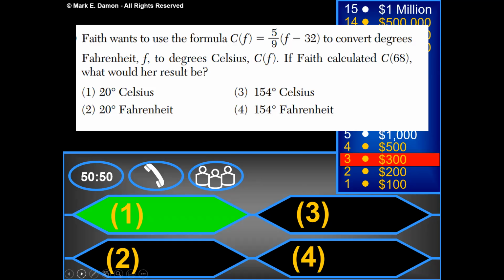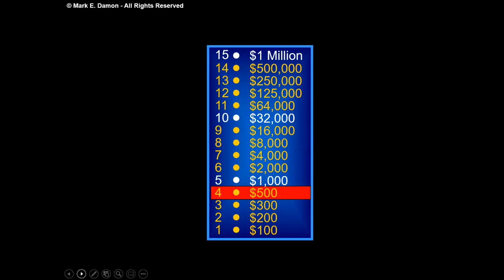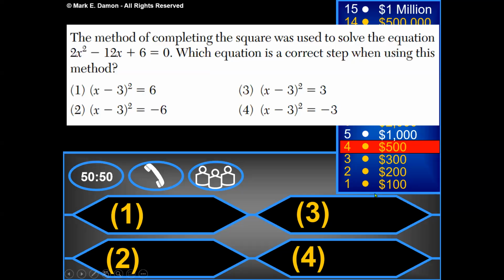All right, next question, my friends. This one is going to be for 500 points. 500 points. If you're playing along and you're keeping track, good luck. Some of you have earned all of your points already. So here we go. Next question, 500 points.